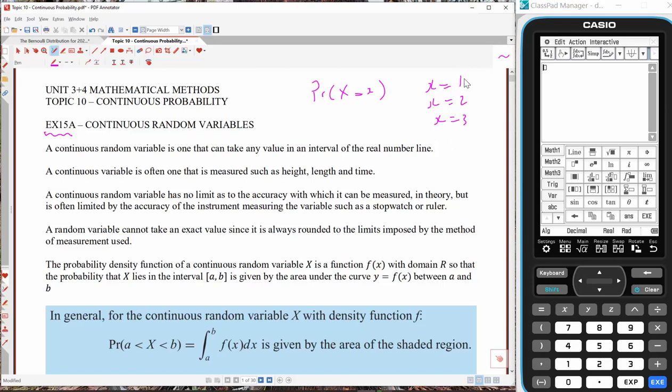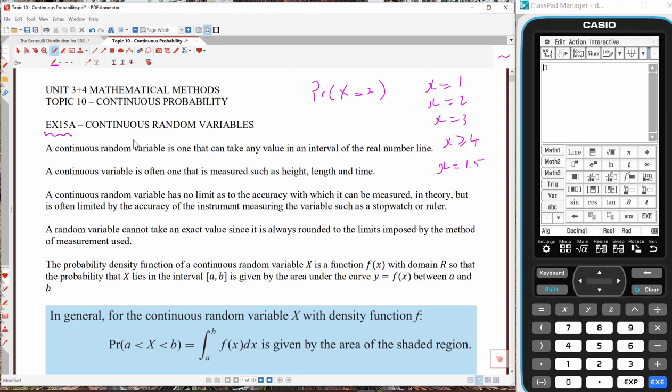The chance of 1 success, 2 successes, 3 successes. The chance of getting 4 or more successes. But note that we didn't ask at any point what's the chance of 1.5 successes, because it was either successful or it wasn't successful. You can't be half successful, okay? So that was the nature of discrete.